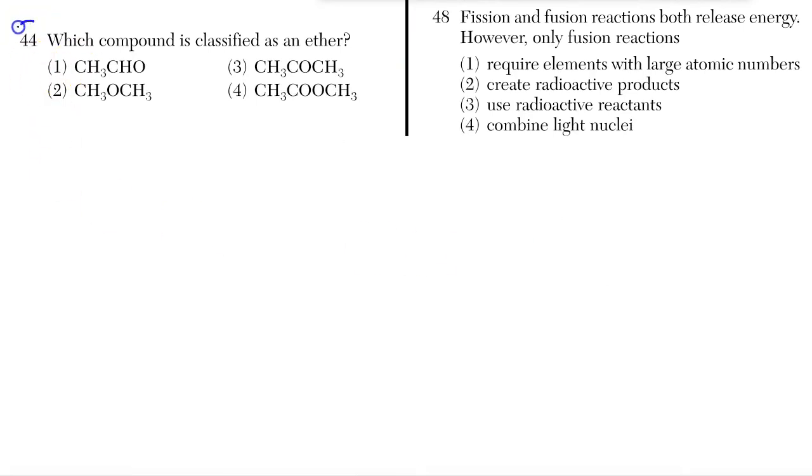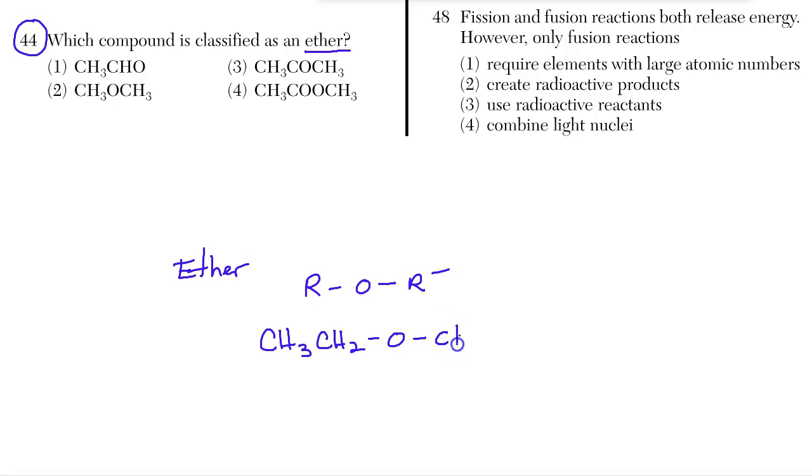Number 44, which compound is classified as an ether? Now, if we go to Table R, you'll see that an ether, and I like to think of it as an O on either side, is given as R-O-R prime. In fact, in Table R, they give you an example: CH3, CH2, O, CH2, CH3.